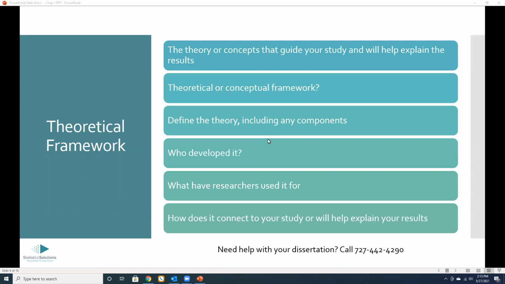You may be exploring a topic or exploring a phenomenon. And you have to use concepts or several concepts and put them together to make a conceptual framework. That's the distinction as I see it. It's really not important to grasp the distinctions if we can, but just to know that theoretical is for quantitative, conceptual for qualitative.